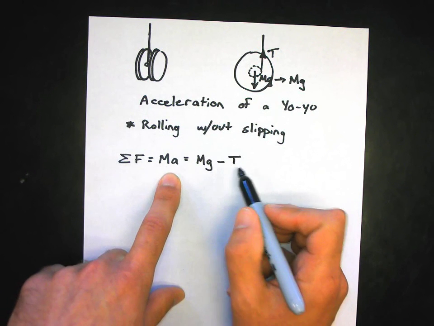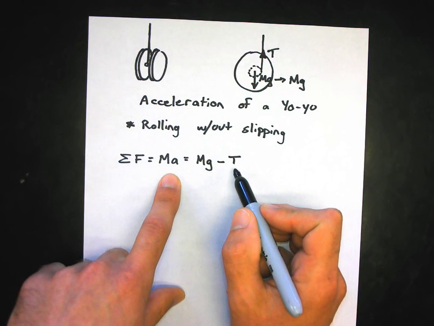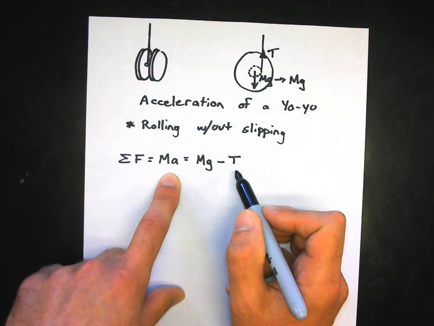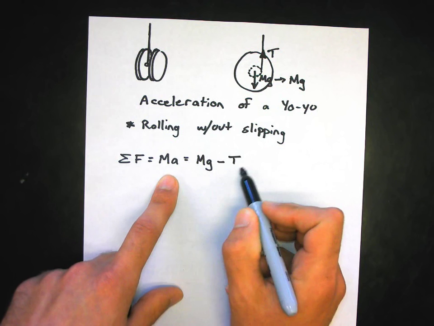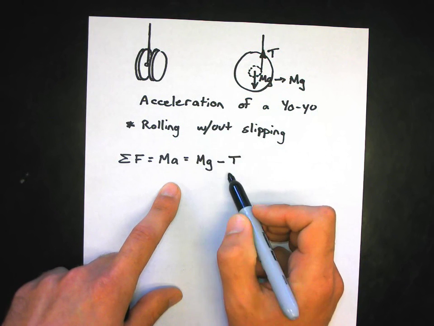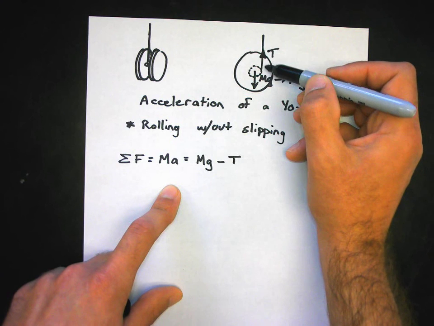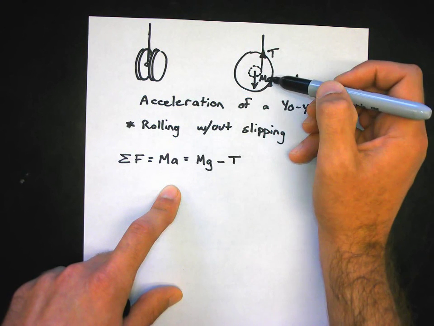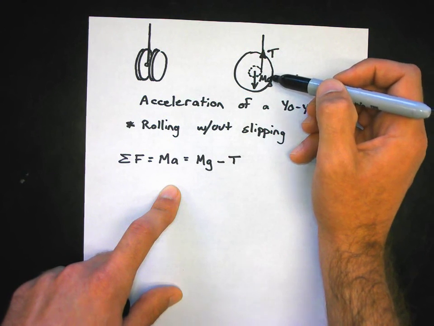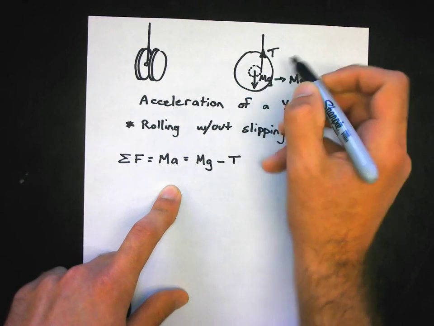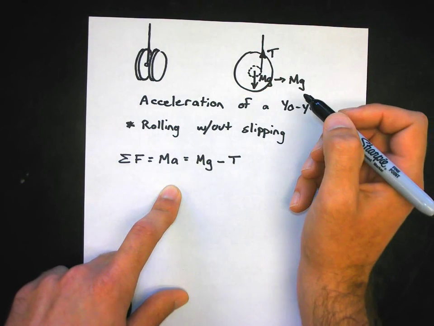We notice we have acceleration and tension, which we don't know either of. So we need to get another equation with tension in it. So we can see that the tension is off center from that center axis of the yo-yo. So we can say that tension causes torque.